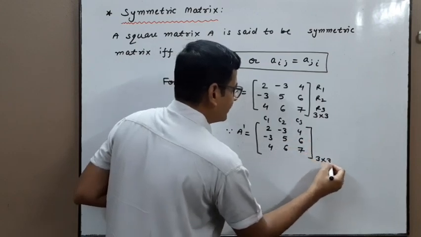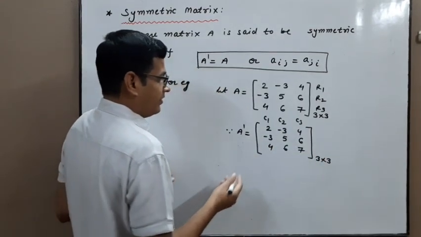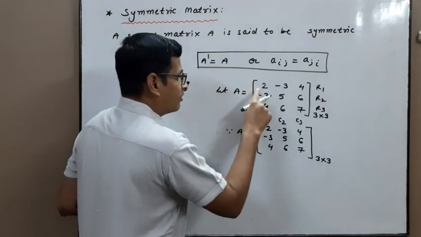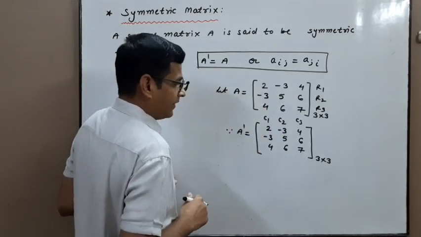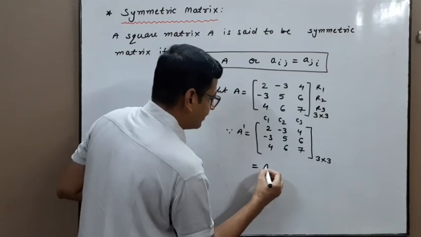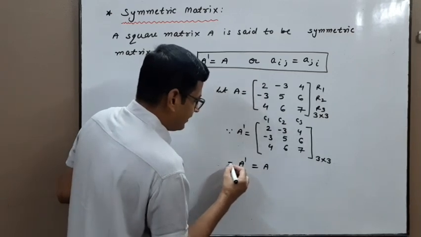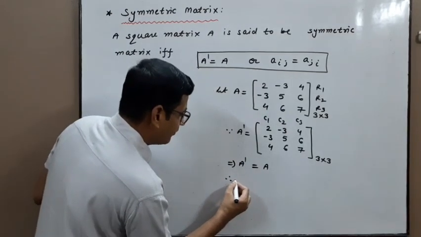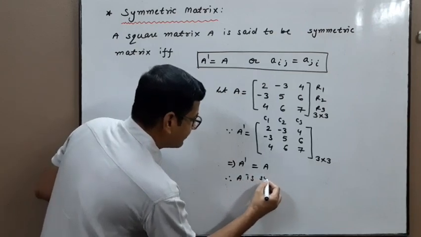This is again a 3 by 3 matrix. Now observe, each element of A dash is equal to corresponding elements of A, means both matrices are equal. So transpose of A is equal to A. Therefore, A is symmetric matrix.